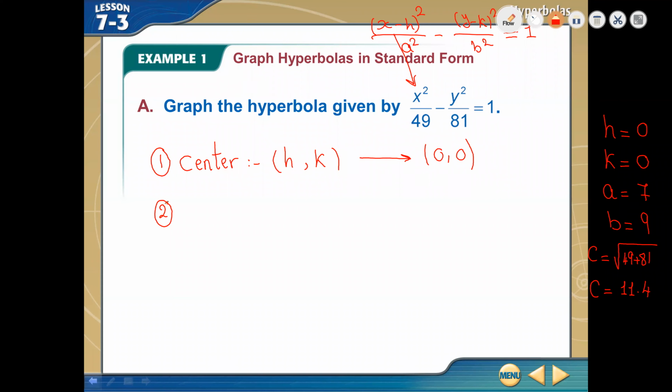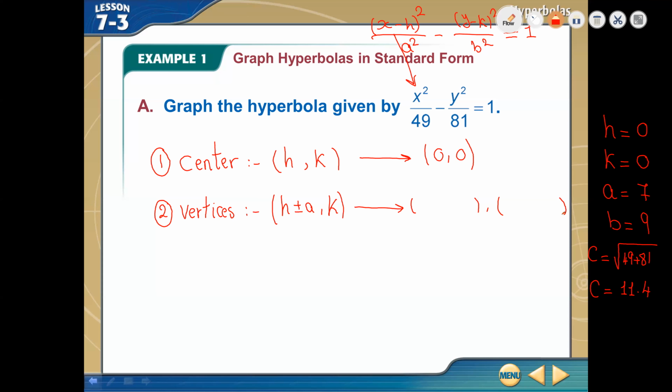Yes, Mister. What about the vertices? We have two vertices. I give you the rule and you substitute. H plus or minus A and K. Of course, we have 2 points, one plus and one minus.